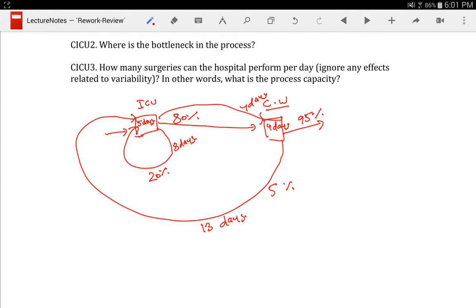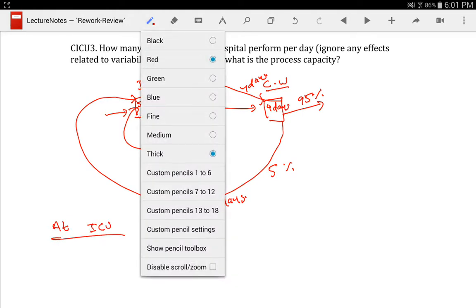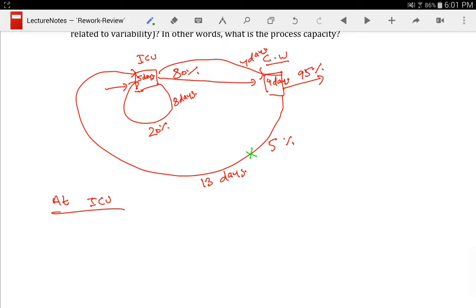So the question is, on average, how much time will an average patient spend in the ICU? Alright, let's figure this out. At ICU, let's not worry about these patients yet. Let's only worry about the first time staying there, and then those 20%. All 100% of the patients first stay there for 5 days, and then there's 20%.